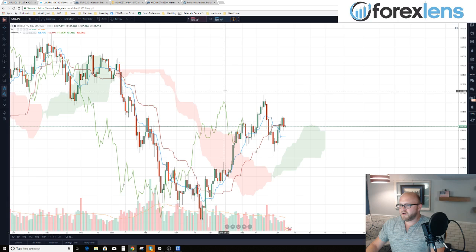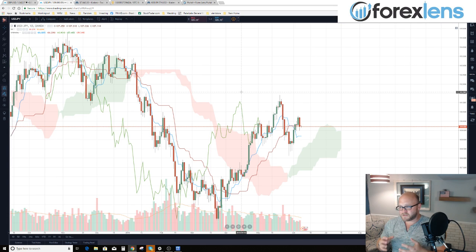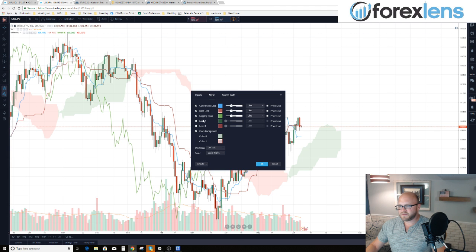Now let's go through what the components of the Ichimoku system are. The first one, what you notice right away, is called the cloud. And the cloud is made up of two lines, which we're going to see. The ones that we removed are called lead 1 and lead 2.